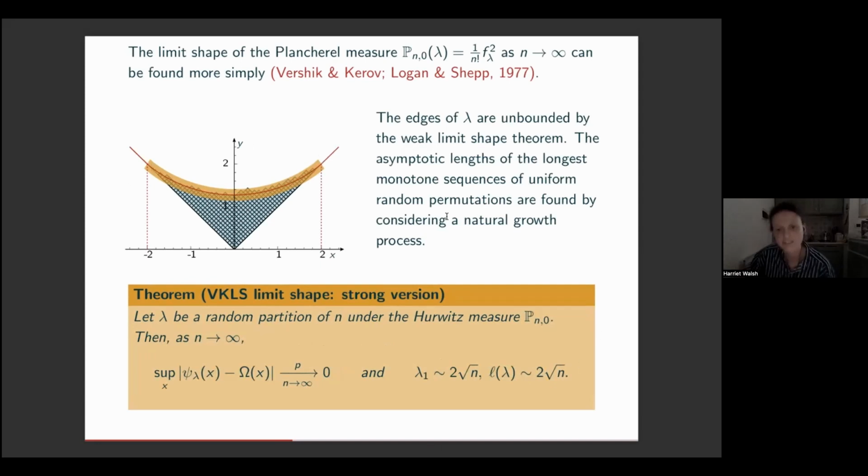So there's kind of two steps to understanding the full limit shape, since we don't have bounds either side otherwise for the length and for the first part.